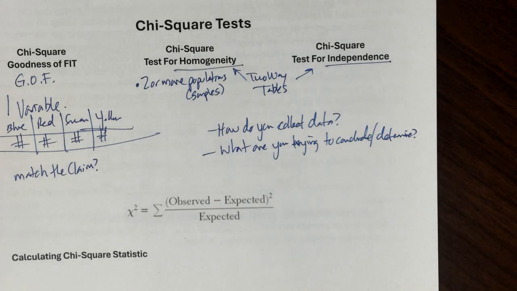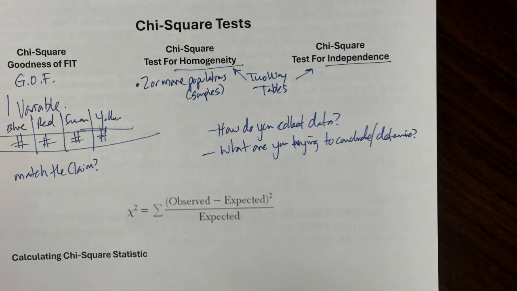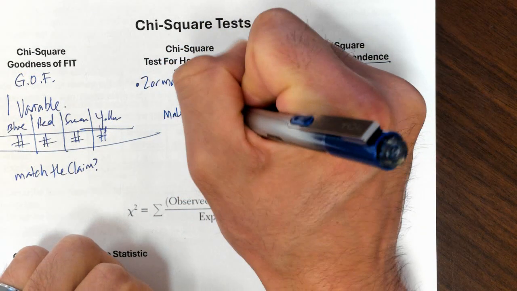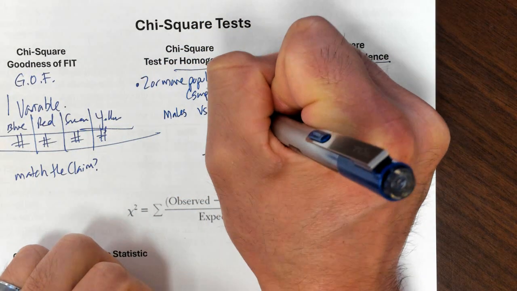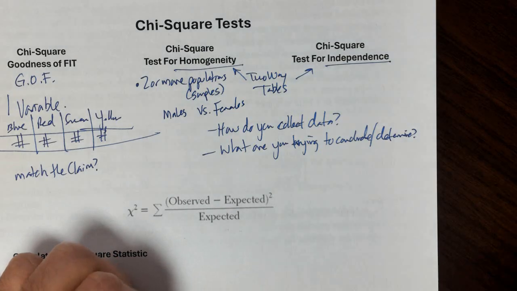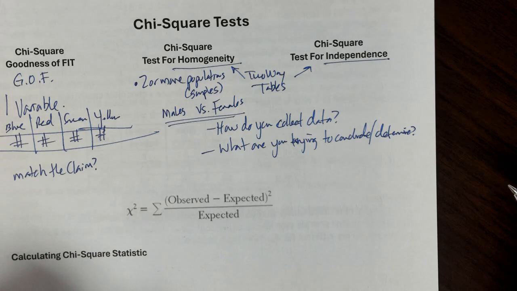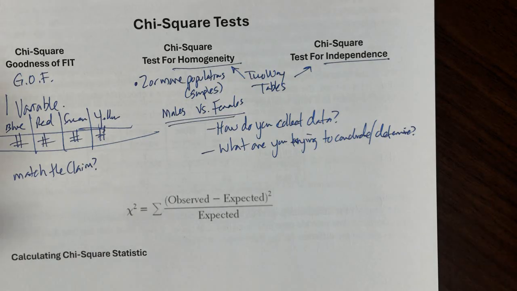So for example, let's say that I want to compare the population of males and females, right? Males versus females. And the goal is you're trying to figure out whether or not they are the same in which type of shoe they prefer.